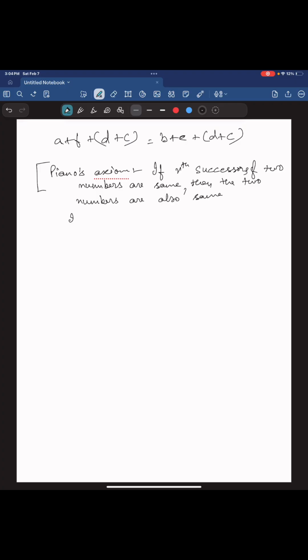In other words, if x, y belong to N and x + n = y + n, this implies x = y. So this is Peano's axiom without using negative numbers or subtraction. So we will use that. We can easily see that from here we will get a + f = b + e. This was intentional. I will explain why I use Peano's axiom instead of just subtracting.